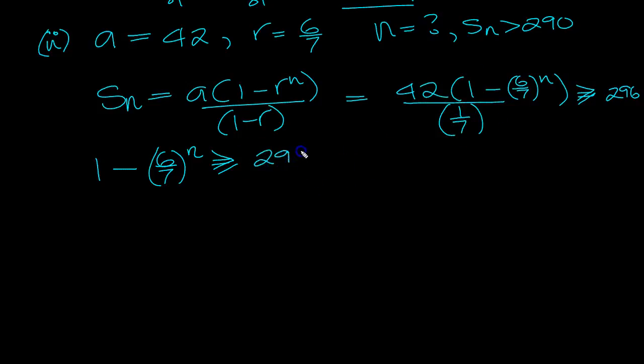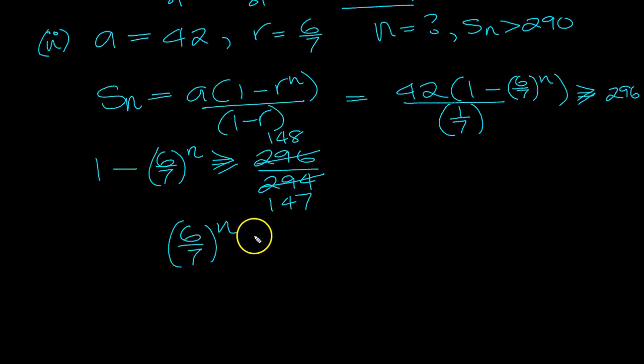So it's 296, and we can move it down, 294, which is 148 over 147. So what do we get? We get 6 over 7 to the n, right, move that over there, is less than or equal to 1 minus, so it's minus 1 over 147, which doesn't compute.